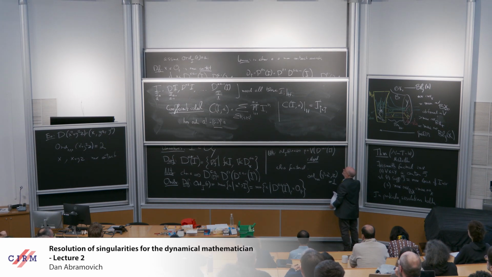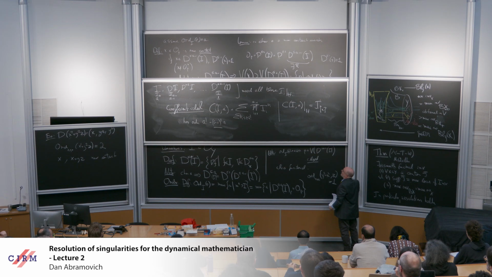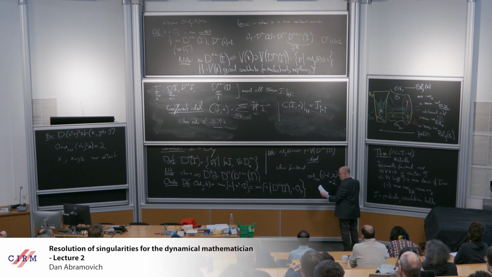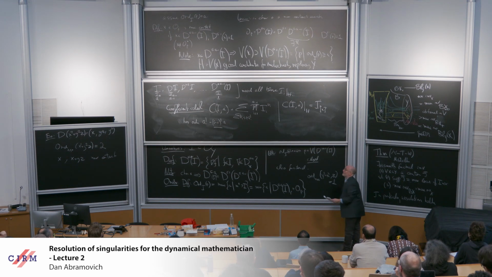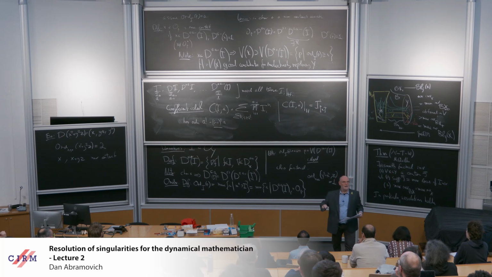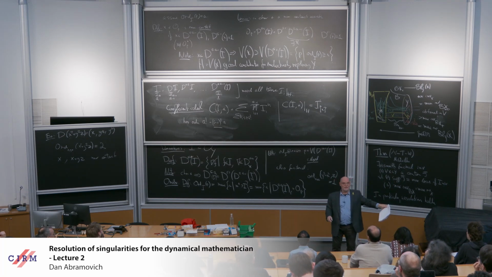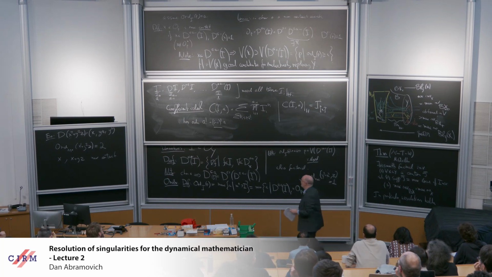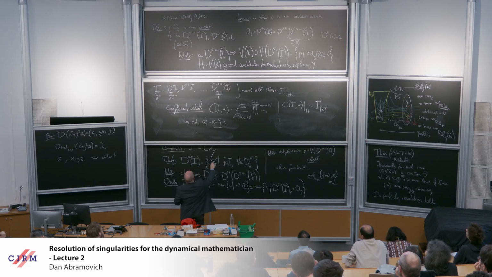But for now, what I want to do is define the center. I'll define the invariant and the center for you. Now I have all that I need to define the invariant and the center.